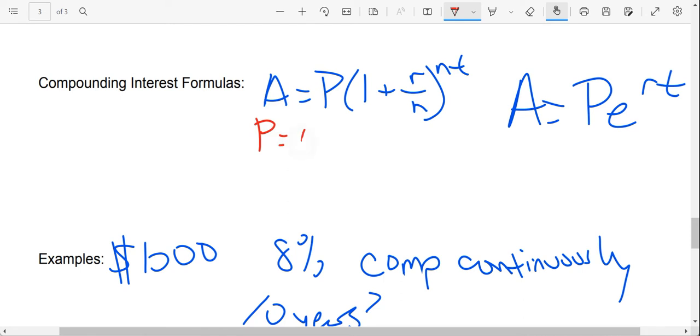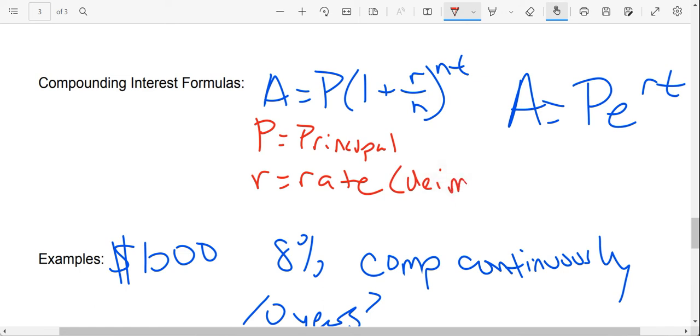P is what's called principal. That's the money you start with, the money you put into whatever you're investing. R is your rate, your interest rate. It's a decimal, so make sure you put it as a decimal, not as a percent.